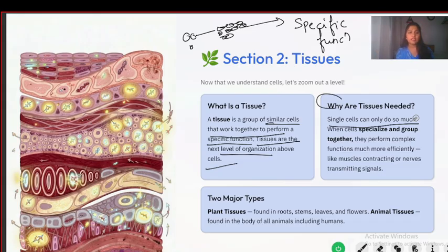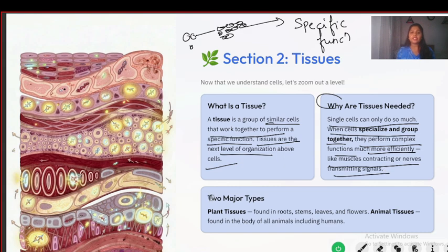So when cells specialize and group together, they perform complex functions much more efficiently, like muscles contracting or nerves transmitting signals, and that makes the system work very smoothly.